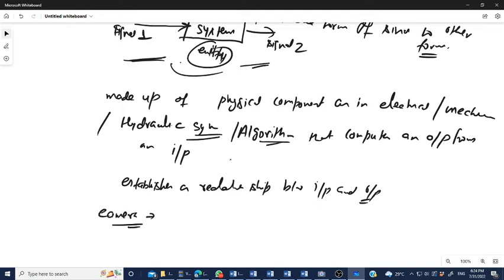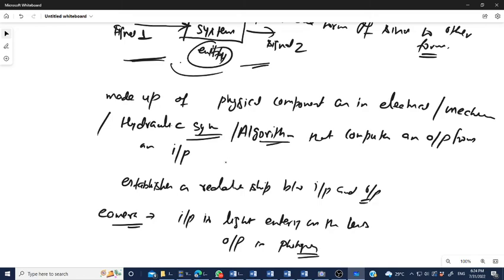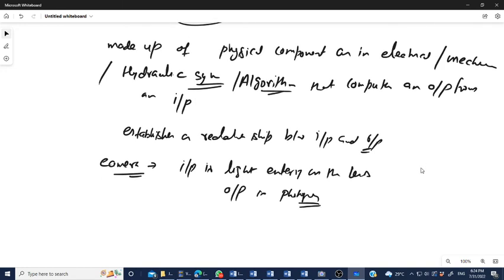In a camera the input is light, which enters on the lens. But what is the output? Simple, the output is the photograph. So this machine is processing that light and converting it into photographs.